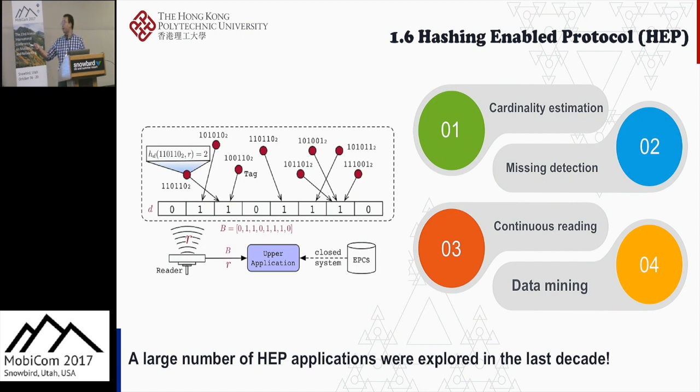By comparing the instance bitmap and the perfect bitmap, we can infer which tag is missing. If this tag is supposed to reply at this time slot, but there is a 0, this tag must be missing. We can also conduct continuous reading or data mining.